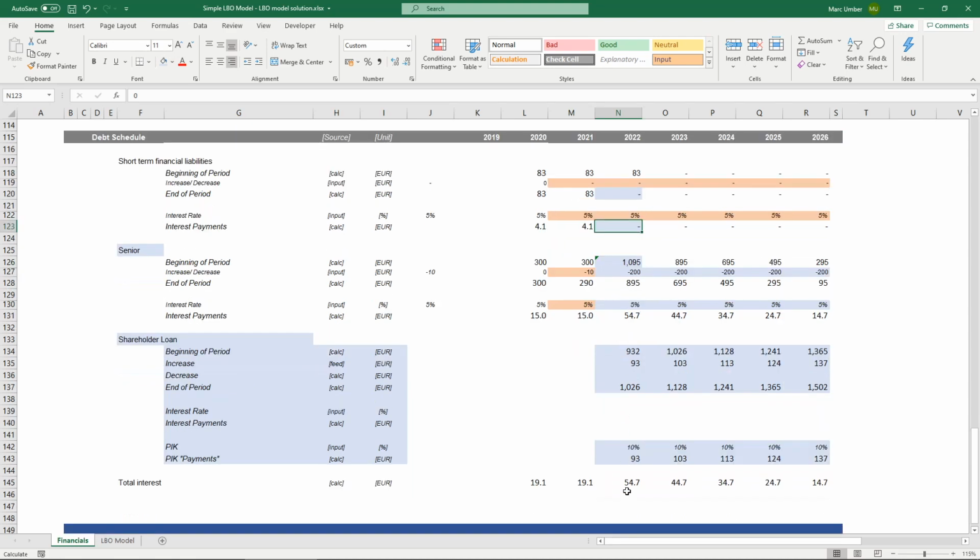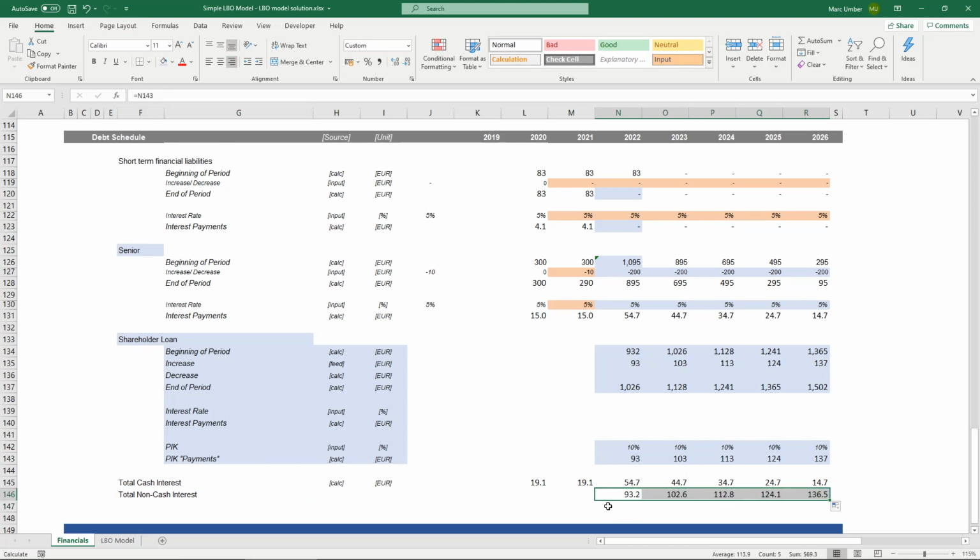And now we need to make sure that the interest payments are correct. This is the total interest payments in cash. Let's take the total cash interest, because we now also have a total non-cash interest, which is our payment in kind.